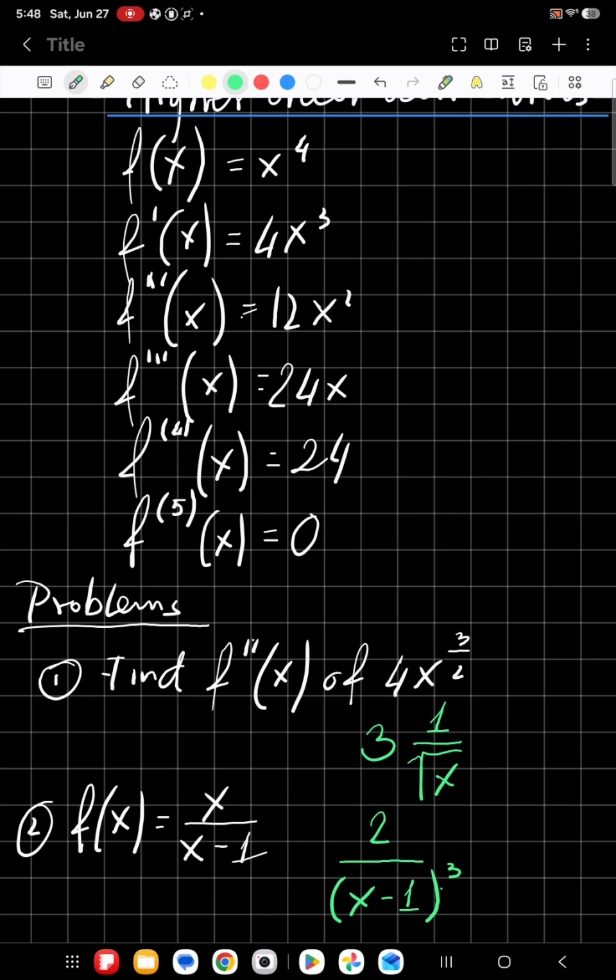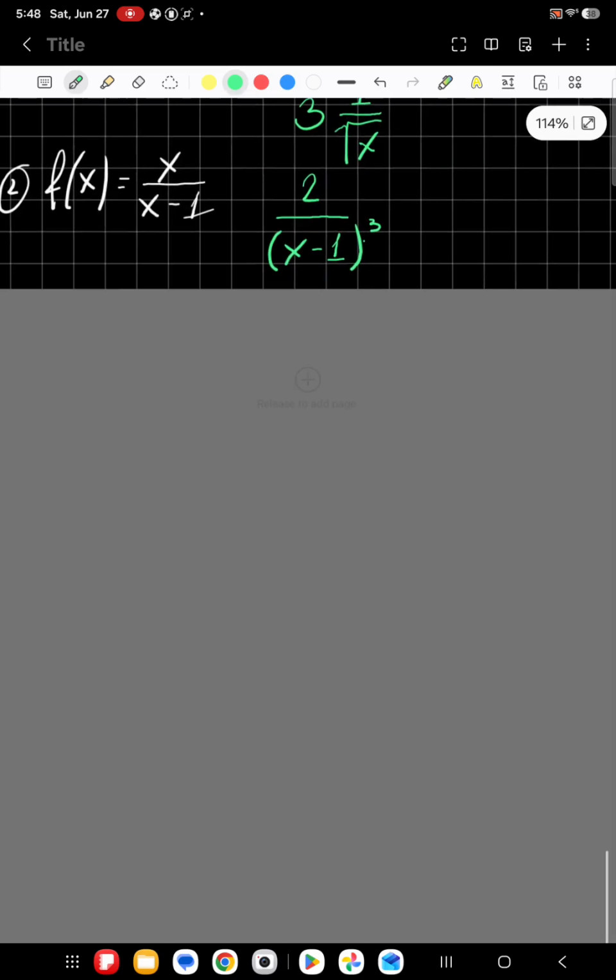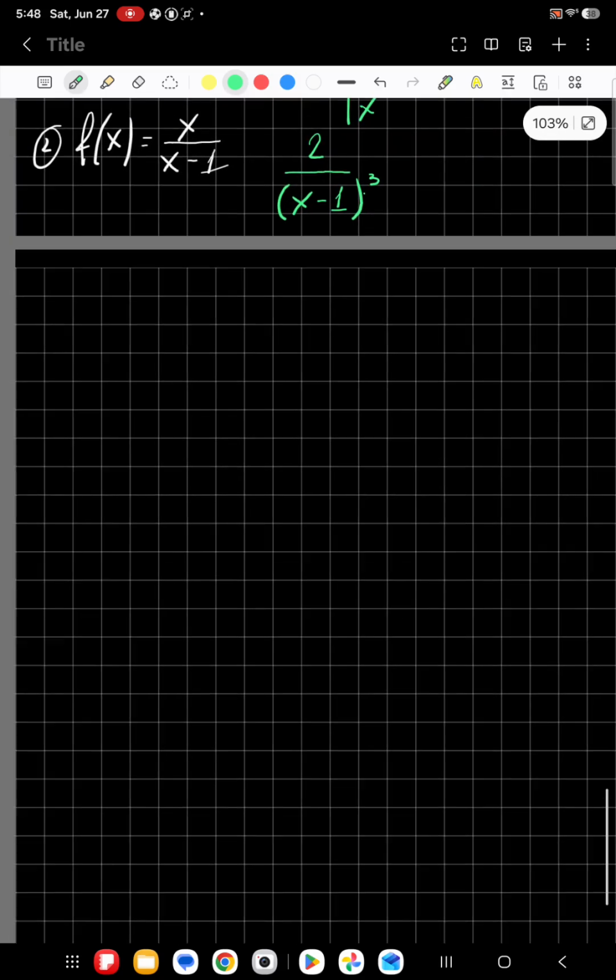And in a sense, you've seen an application of those derivatives. We had the position function, s of t, from physics. So this was the position function.